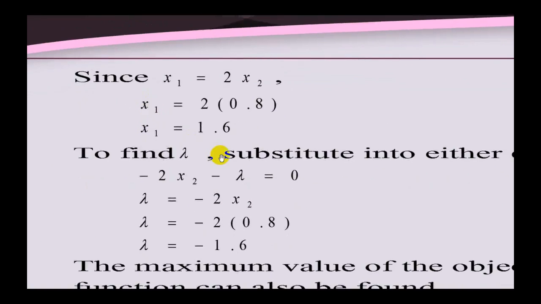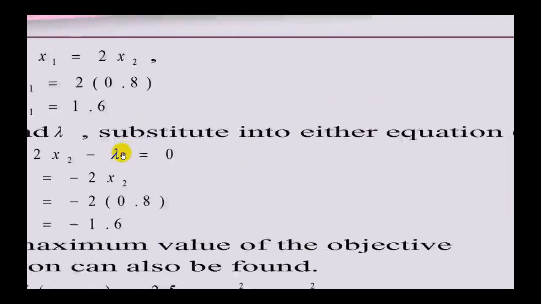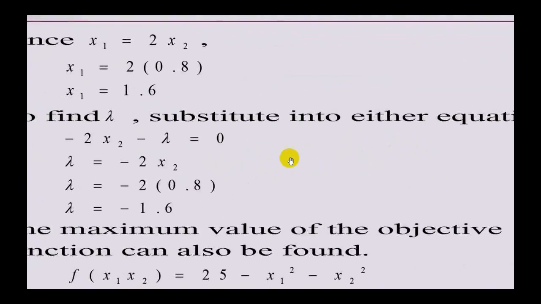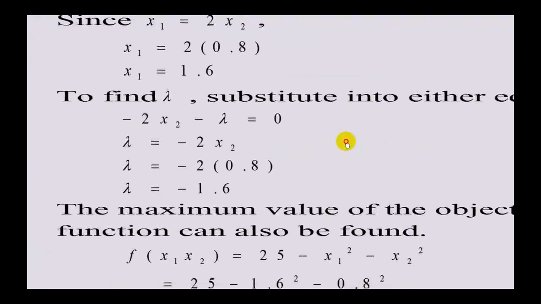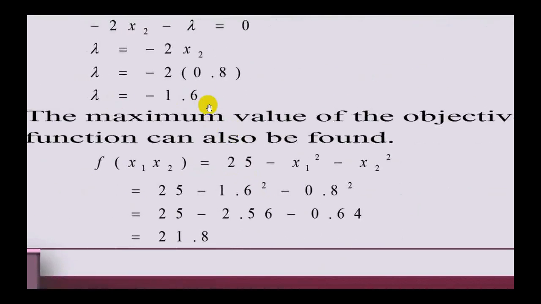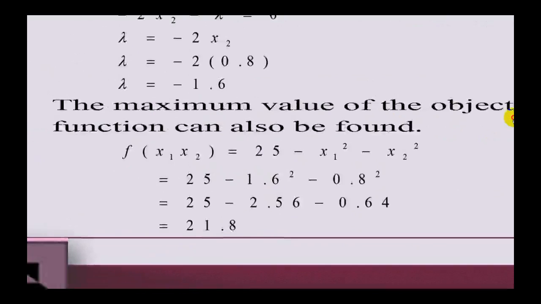To find lambda, substitute into either equation 1 or 2. Minus 2x2 minus lambda equals 0. Lambda equals minus 2x2. Lambda equals minus 2 of 0.8. Lambda equals minus 1.6. The maximum value of the objective function can also be found.